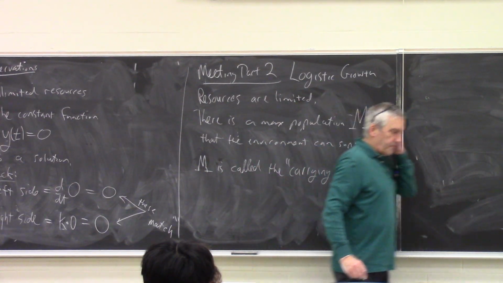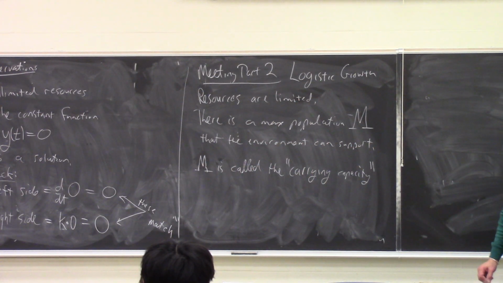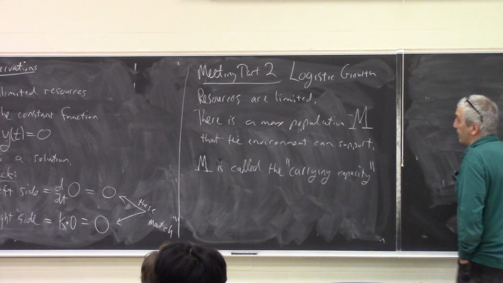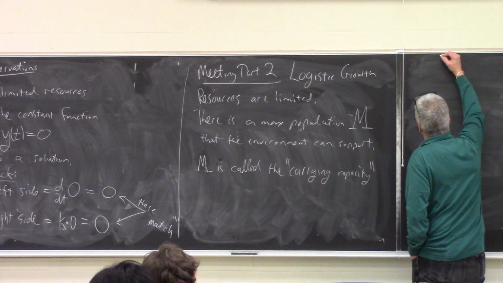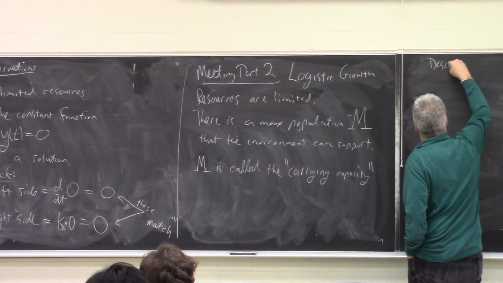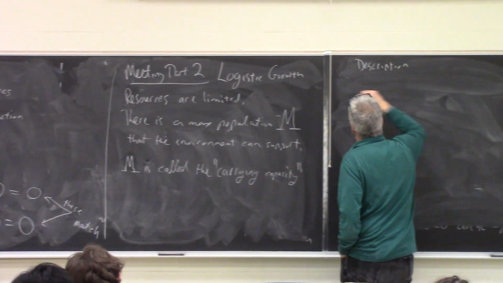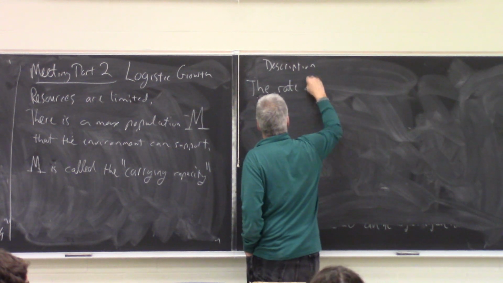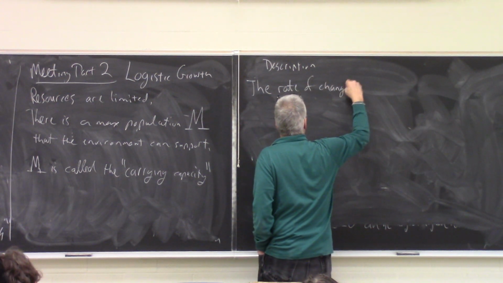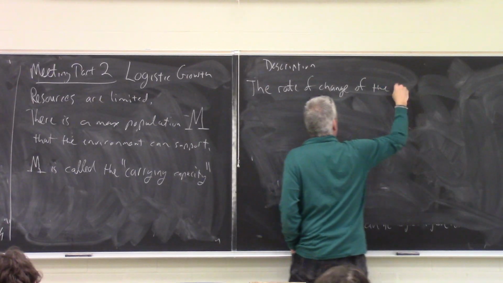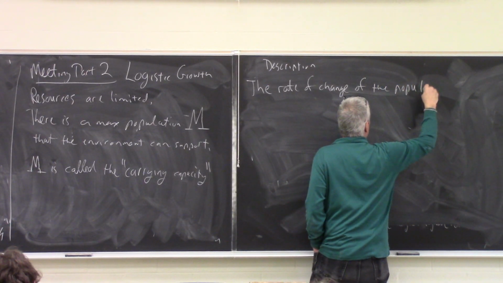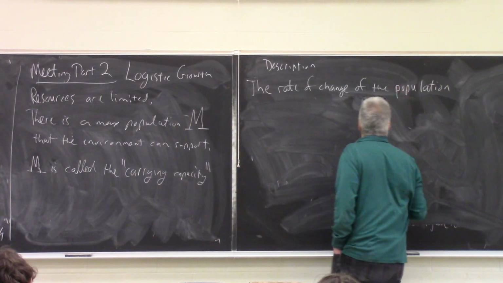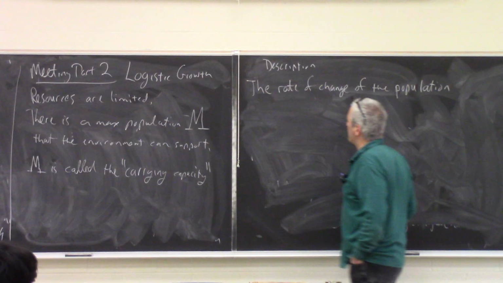So that's a new thing. There's a constraint on the population. Okay, so a description of logistic growth is this: the rate of change of the population. I could say quantity, but we're mostly going to be interested in talking about populations.